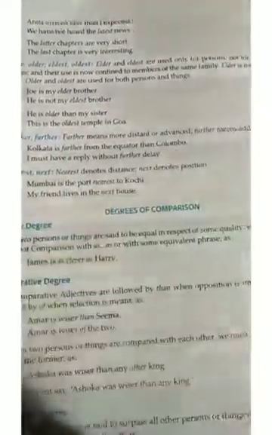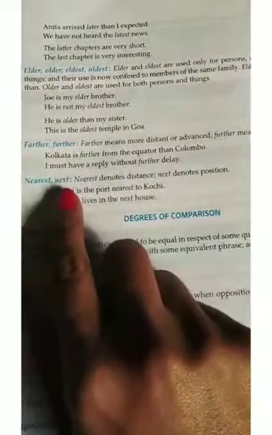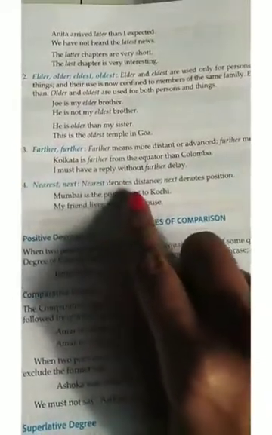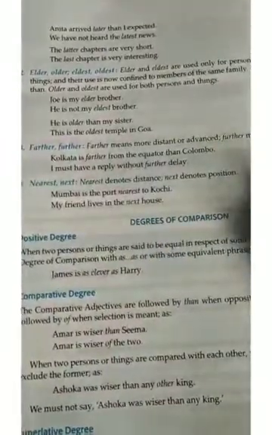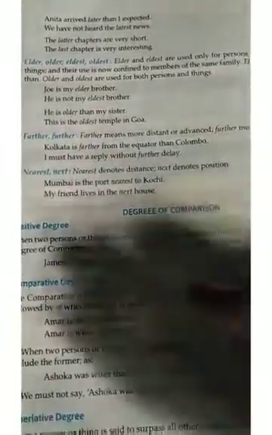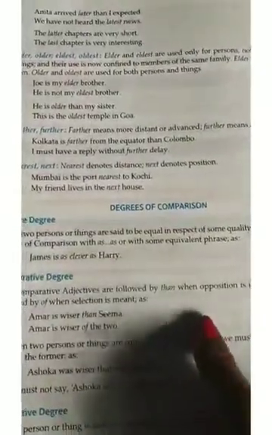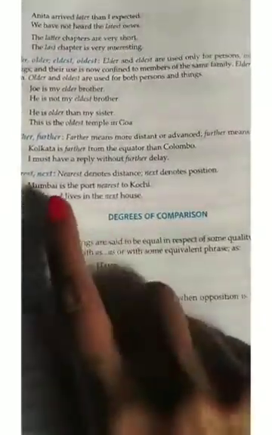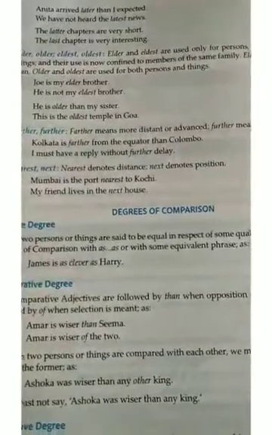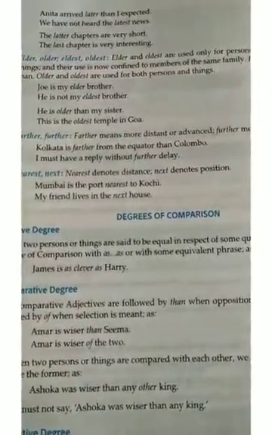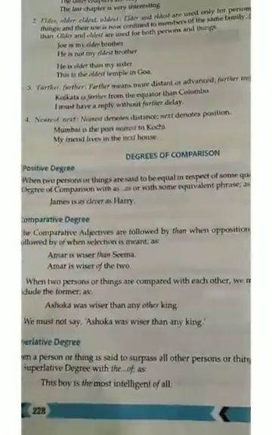That is additional. Nearest and next. Nearest denotes distance and next denotes position. Nearest means near to this one, and next means from first to second and second to third. Mumbai is the port nearest to Kochi, and my friend lives in the next house.